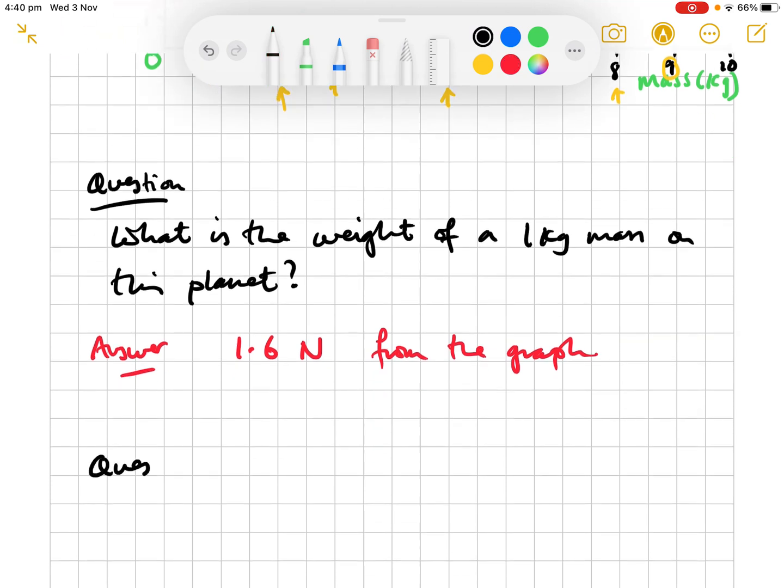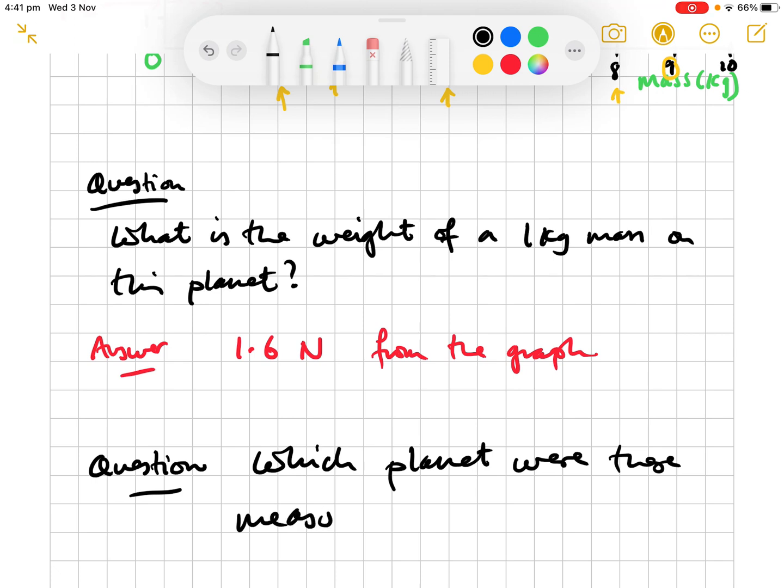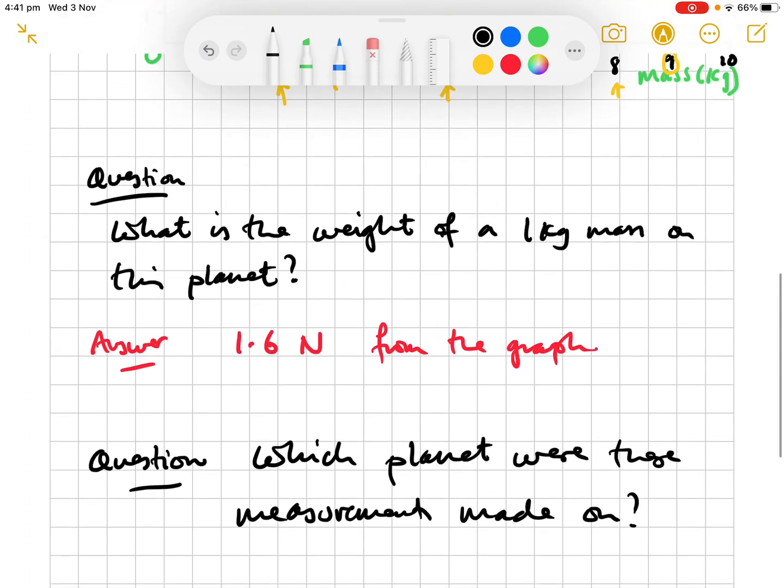And then the final question then, which planet were these measurements made on? Well, how are you going to work that out?